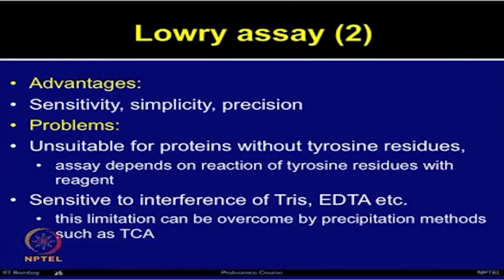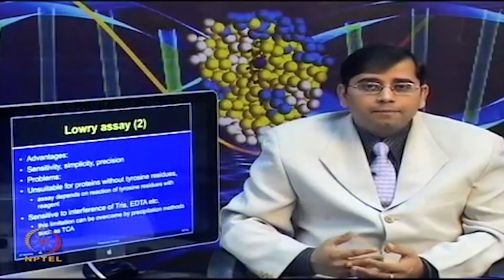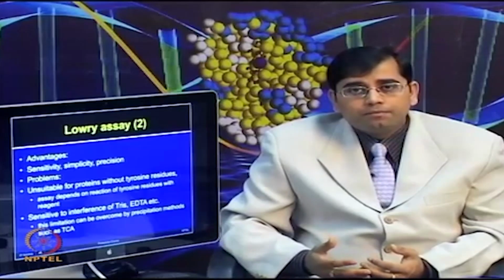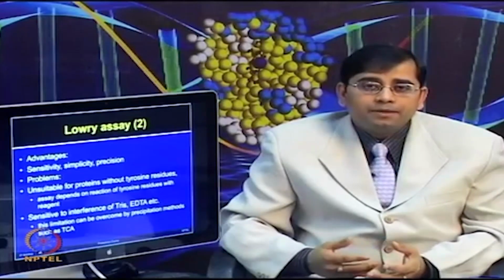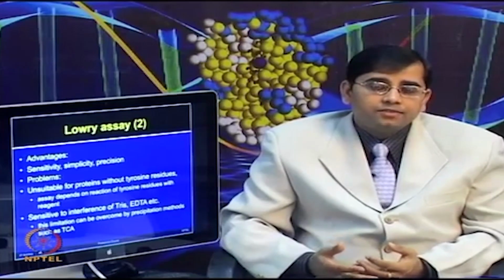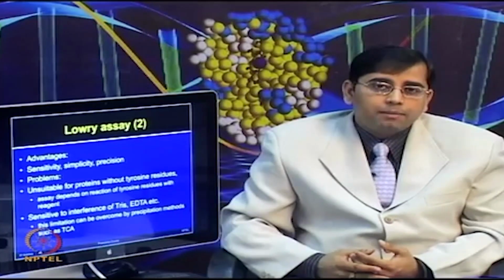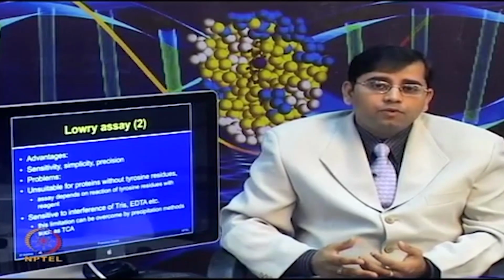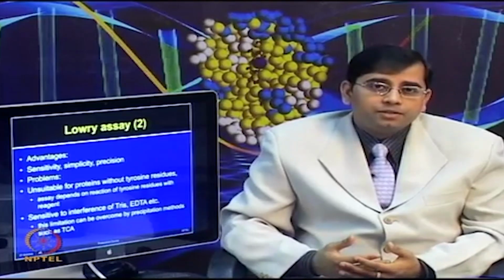Sensitivity to interfering components such as Tris or EDTA is another limitation of this method, but it can be overcome if you add a precipitant such as TCA, trichloroacetic acid. By addition of TCA, one can overcome this limitation.